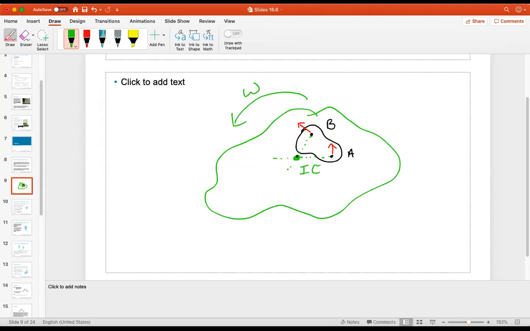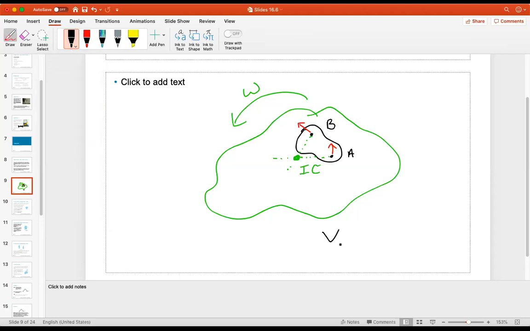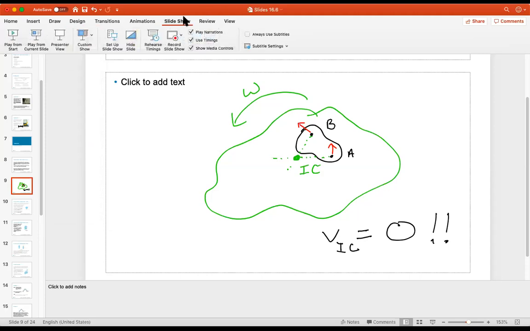So I'll write that here. That's actually the really important thing, that we will use several times. The velocity of the instantaneous center is going to be 0. It's the pivot point of the rotation. It's the point that actually doesn't move. Everything else rotates about it. That's the important thing to remember. Okay, so let's go back to the slides.